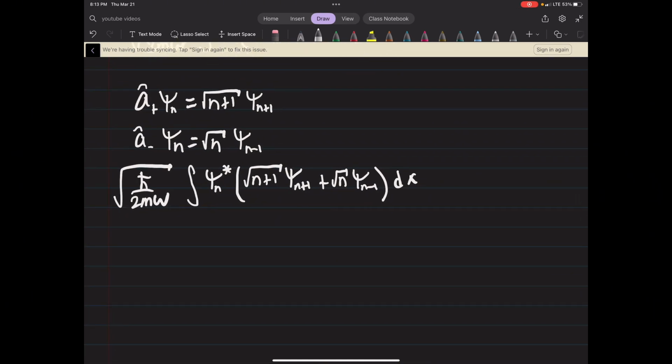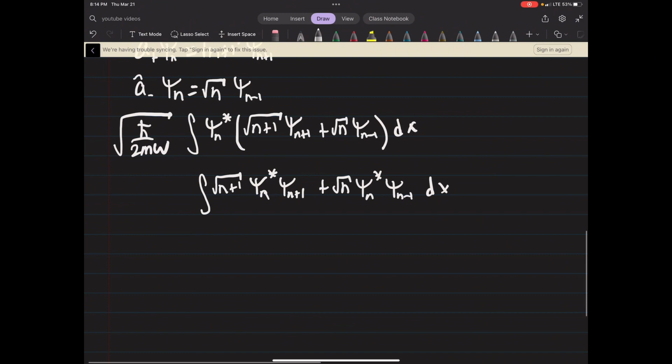Now what's important to note here is once we distribute psi n star, we're going to take advantage of the fact that our states are orthogonal.